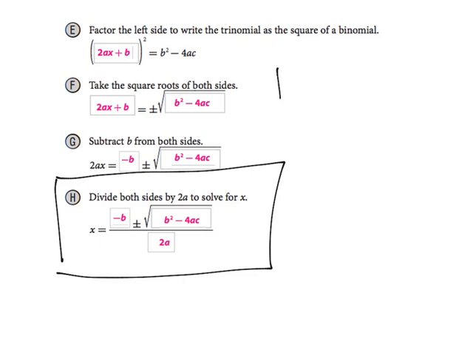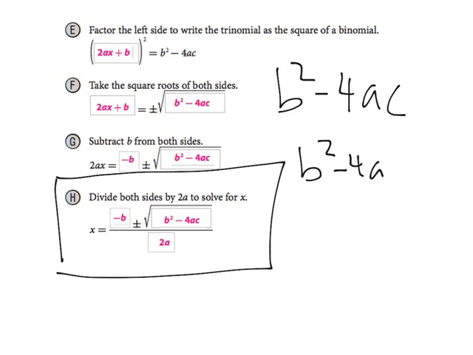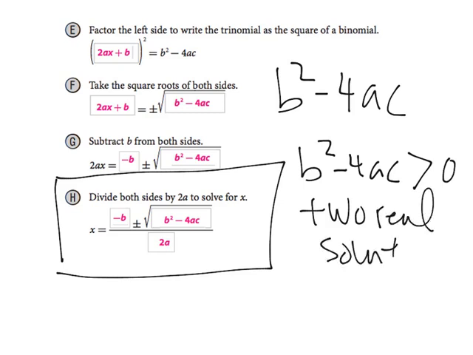and the expression b squared minus 4ac is called the discriminant, and this will let us determine the number of solutions for our equation. So we see that if b squared minus 4ac is greater than 0, then we have two real solutions.